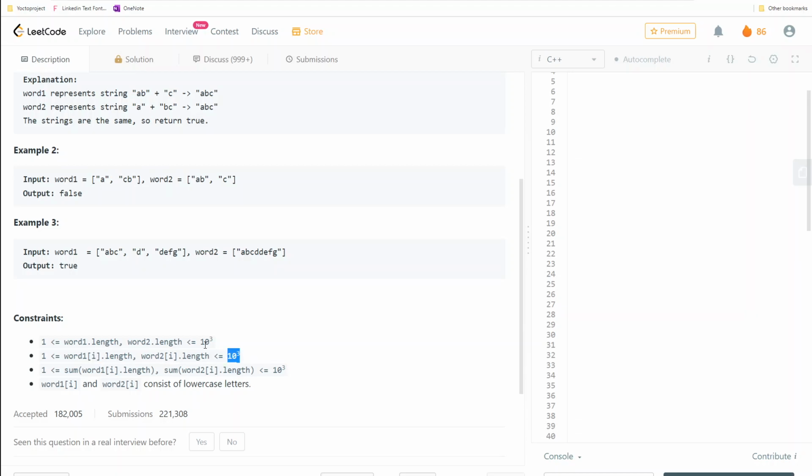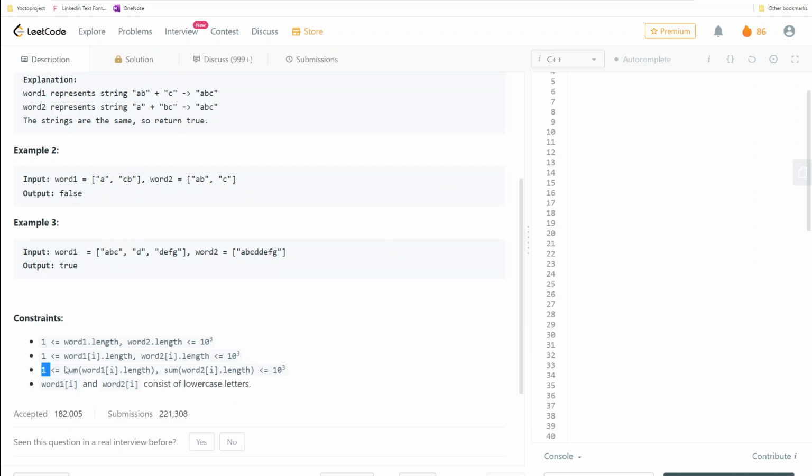Then again, this thing which is present here is also 10 raised to power 3. So overall in a particular word, there could be 10 raised to power 3 strings present, and each string present inside that particular word can also go up to 10 raised to power 3.